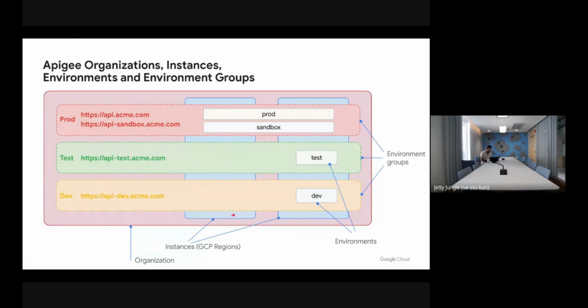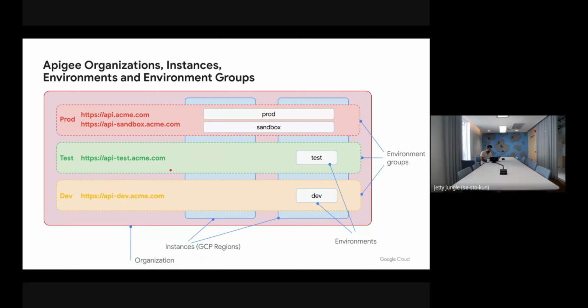And these blue boxes in the backdrop are instances. So in this case, we have created 2 instances. And the environments are actually attached to both of these instances, right?